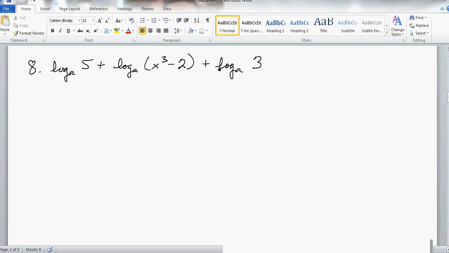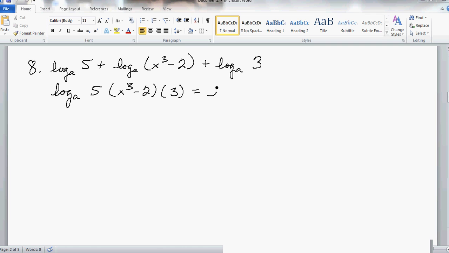So what we're going to do when we really combine these all together is we're going to end up with 1 log base a, but since we're adding, what we're going to be doing is actually multiplying these arguments, 5, x cubed minus 2, and 3. So I'm going to multiply 5 times x cubed minus 2 times 3.